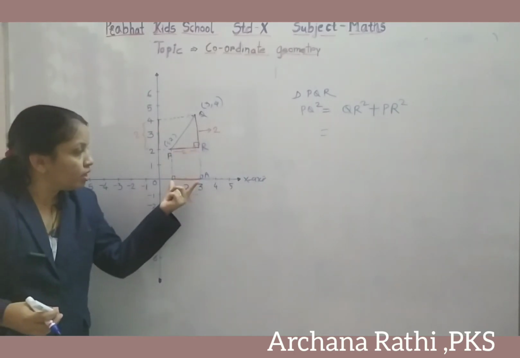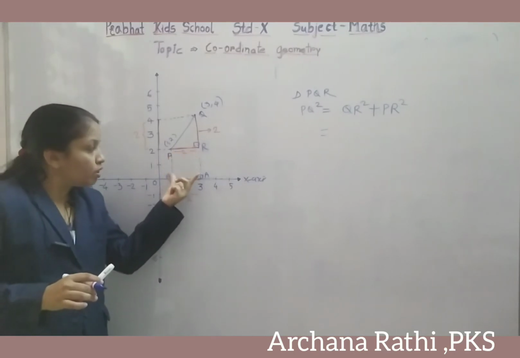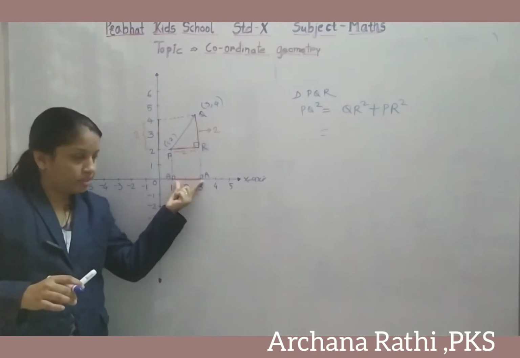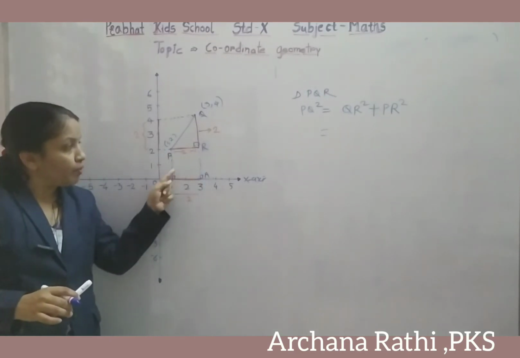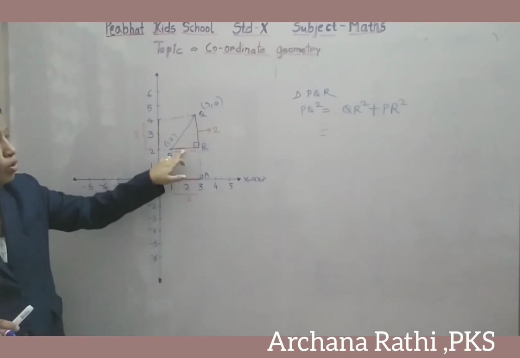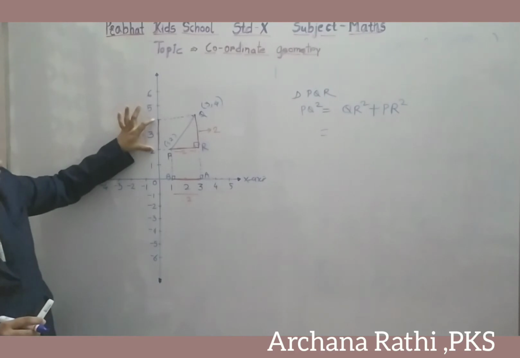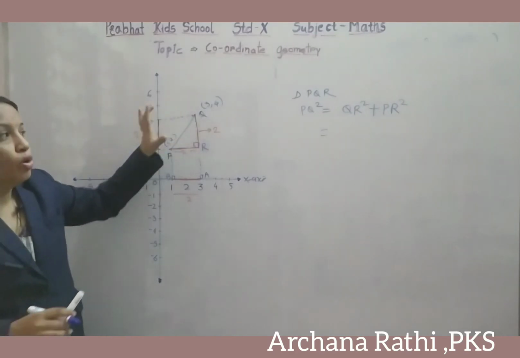PR is equal to this distance, suppose this is AB, because both the lines PB and RA are perpendicular to the x-axis. Therefore these two lines are parallel, and between two parallel lines this distance is the same. This distance is 2, therefore this one is 2. Same criteria applies here, so this much distance is 2, therefore QR is also 2.